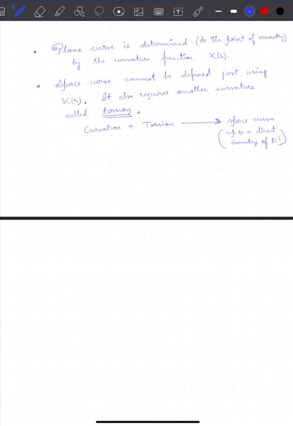So let's try to properly build the necessary ingredients for a space curve, right? So we begin with that. Let gamma vector of S be a unit speed curve. We always consider any curve to be unit speed because of the additional advantages it has, which make our calculations quite simpler.